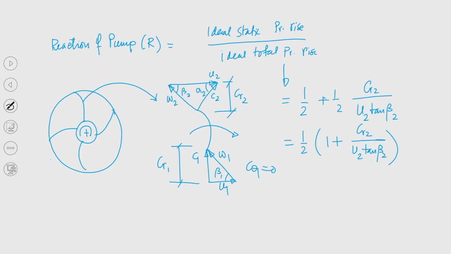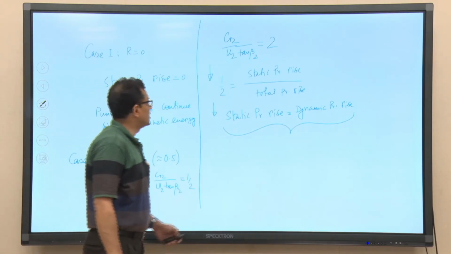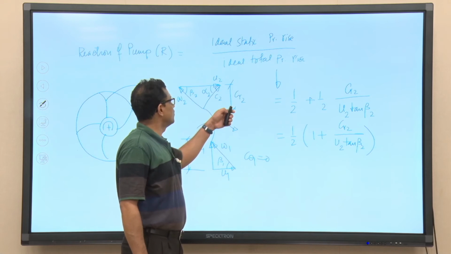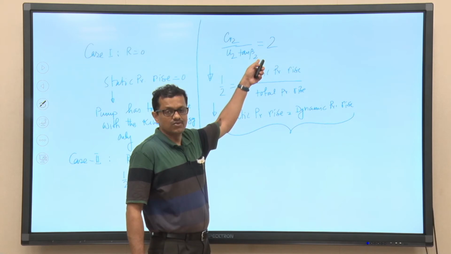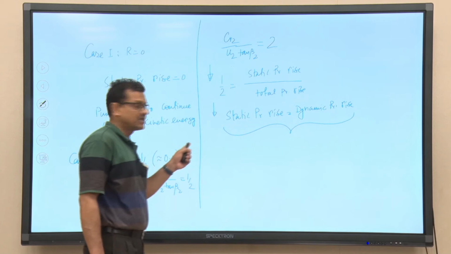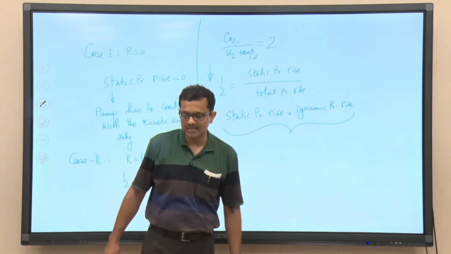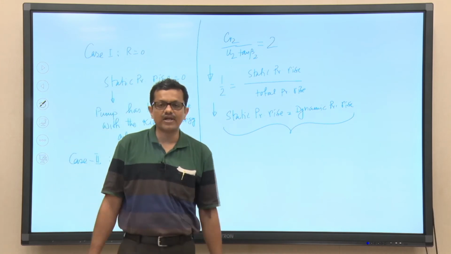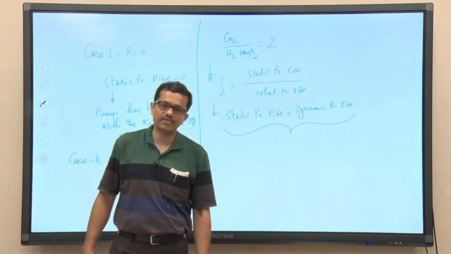If we can maintain a particular alpha 2, C2 will be there and accordingly we get CR2. So by tuning the design parameters beta 2 and alpha 2, we can control the ratio of these two quantities, and eventually we get 2, which in turn helps us get the degree of reaction equal to half. We have seen from the definition itself that the static pressure rise will be equal to the dynamic pressure rise, that is, these two pressure components will be equally responsible for the total head being developed by the pump.